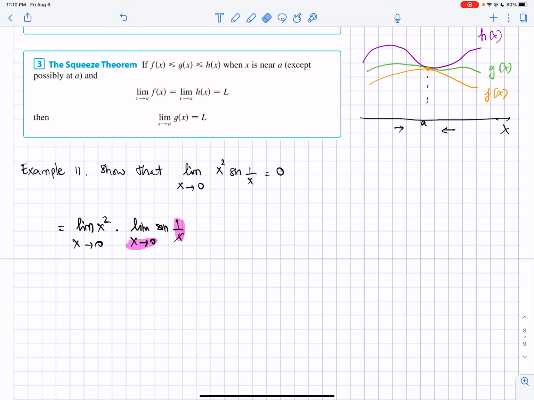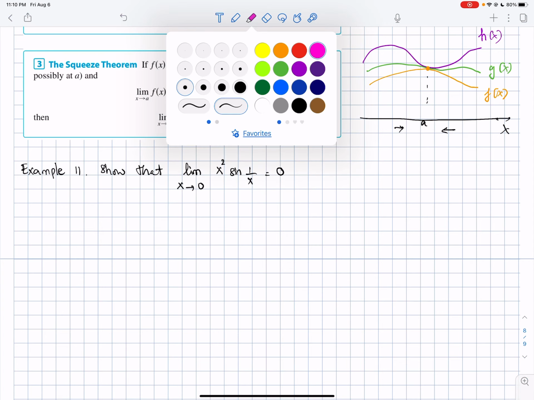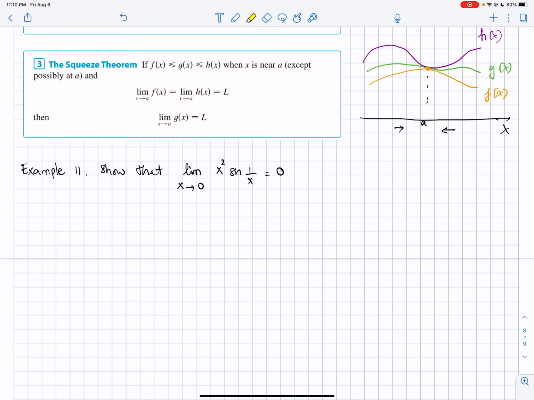So the idea is we do not directly calculate the limit of the function x squared times sine of 1 over x. Whenever you see the function sine in trigonometry, we think about the range of the function sine. We know that the function sine of 1 over x, for any angle, has to be between -1 and 1.